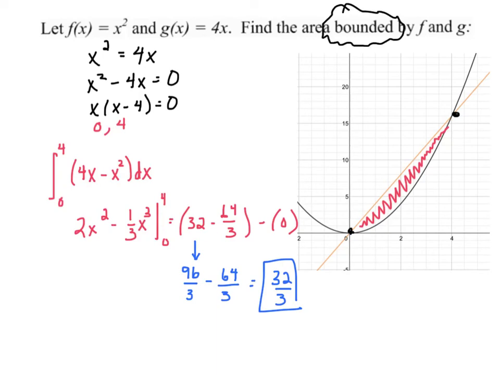Bounded area should always be positive. So if you got negative 32 thirds, you could simply change it to positive 32 thirds, regardless of where the functions you're looking at are. Even if they were all down here, all negative functions, the area bounded between them should always be positive.